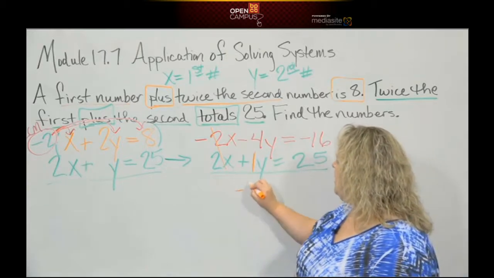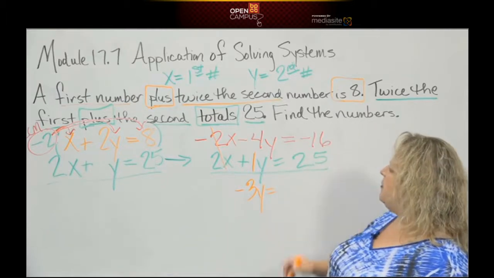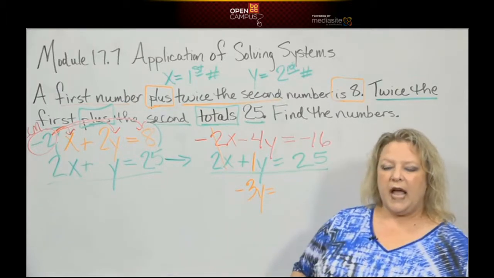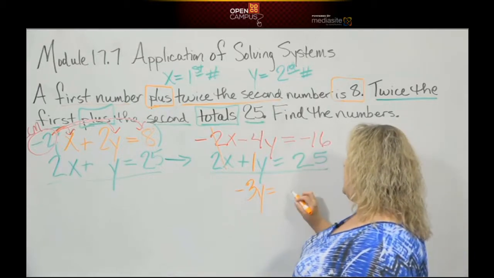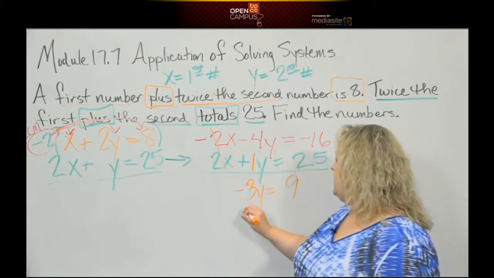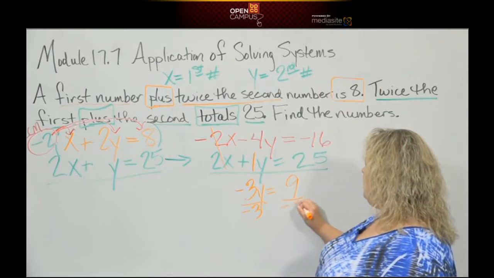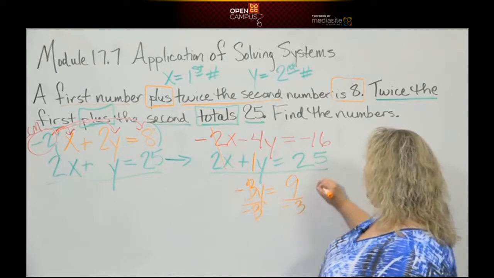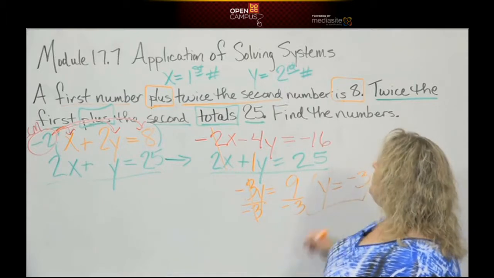So that gives me negative 3y is equal to a negative 16 and a positive 25. When I add those together, they have different signs, so you subtract and take the sign of the bigger number. So that's going to give me 9. Then I divide by negative 3, and I get y is equal to negative 3.